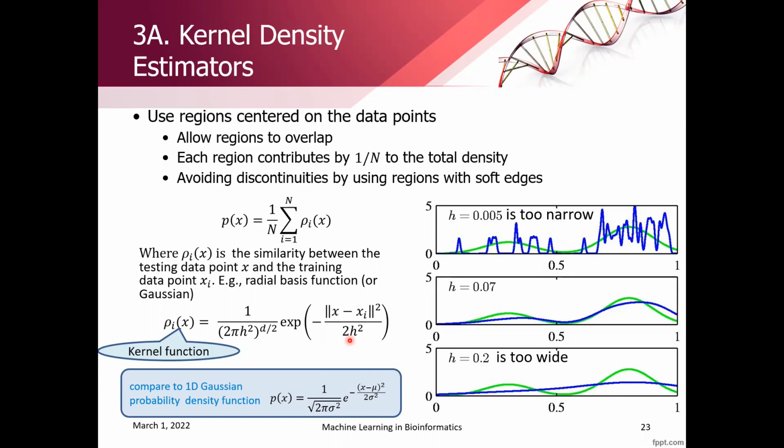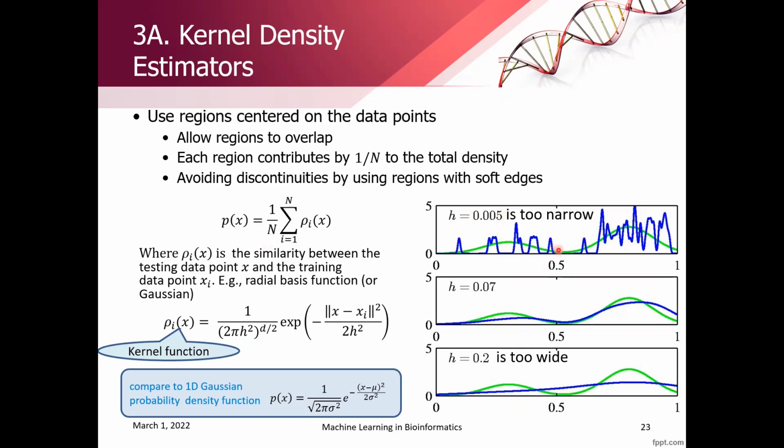So for each observation, we create such a d-dimensional normal distribution around each point. We sum them together and divide it by the capital N, the number of observations we have. And this is the density.